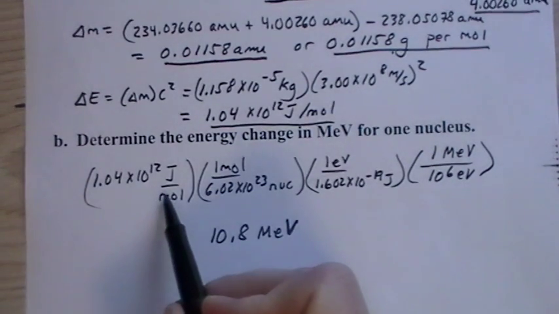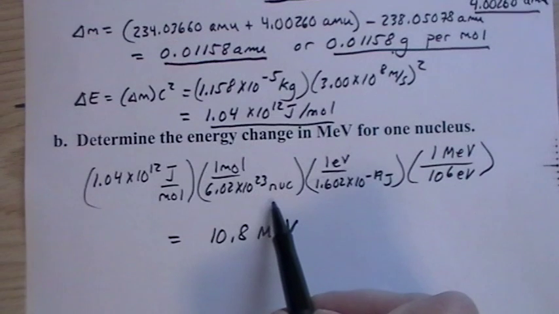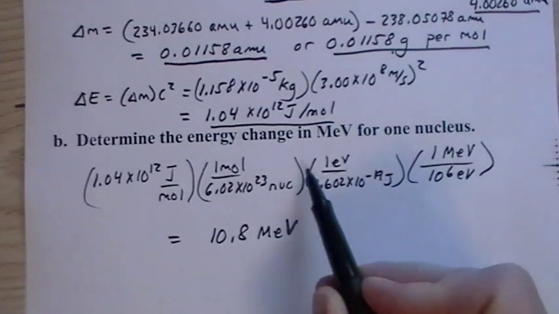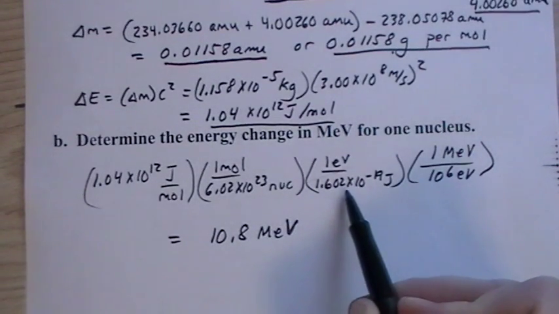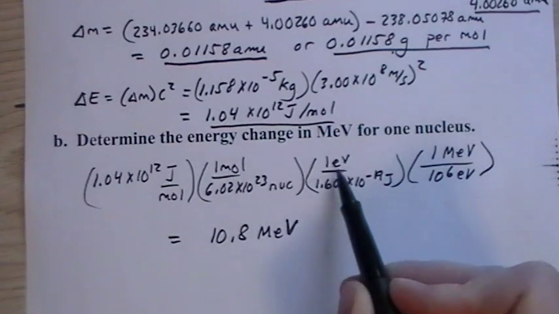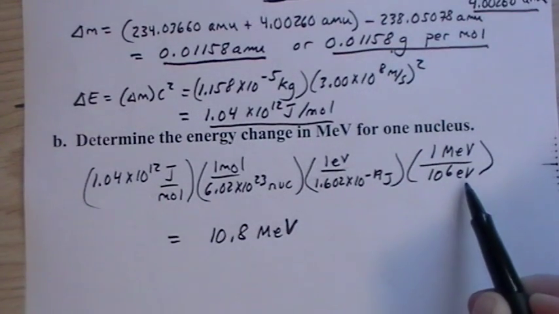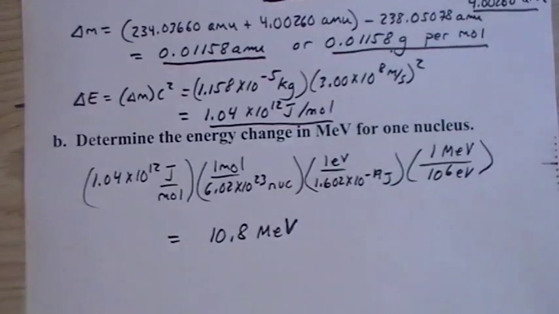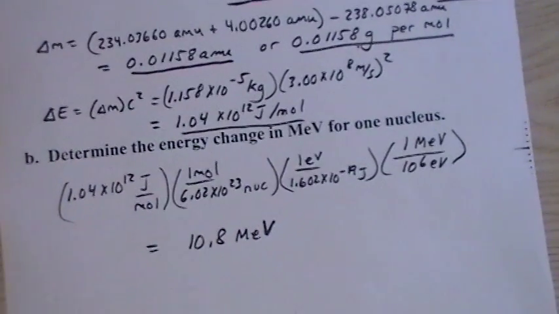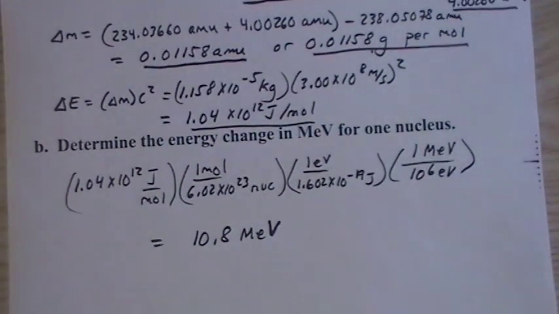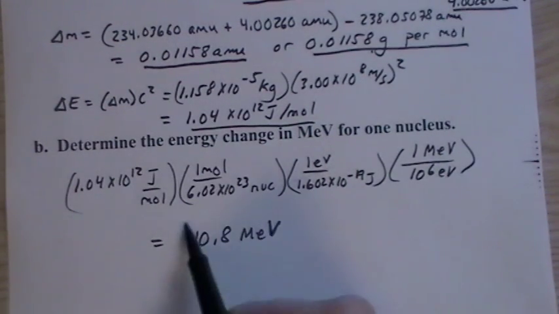So we change back to joules per nucleus, and 1.602 times 10 to the minus 19 joules is 1 electron volt, and 10 to the 6th electron volts is 1 mega electron volt. An electron volt is the energy that one electron picks up in traveling through a 1 volt potential. So this is 10.8 mega electron volts.